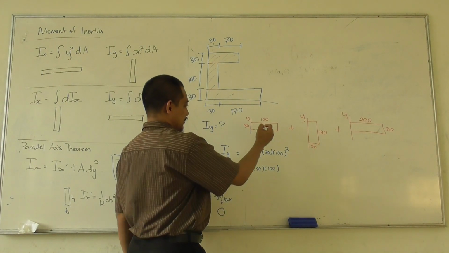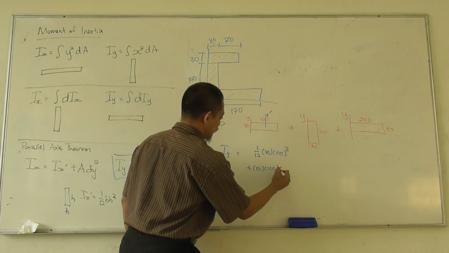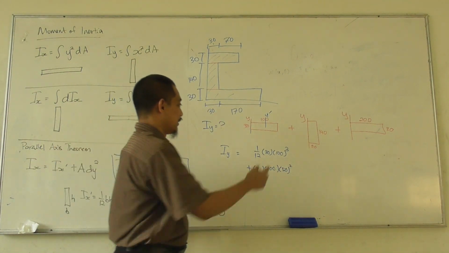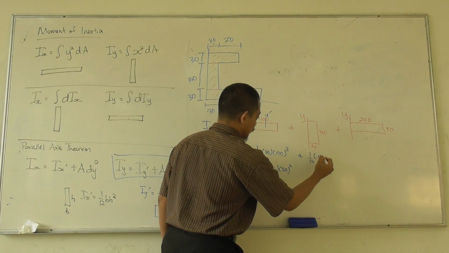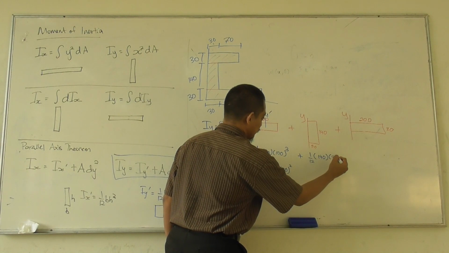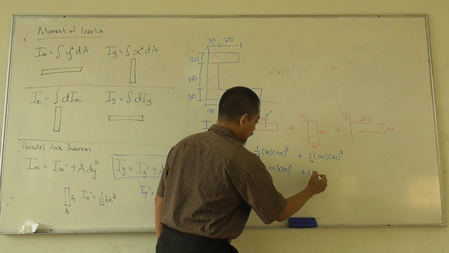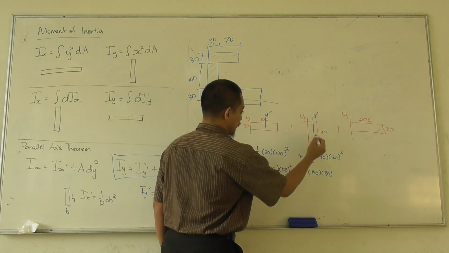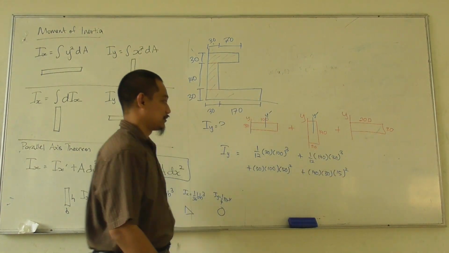And in this case y prime is at the middle here, which means half, which means 50 squared. And then plus 1 over 12 times 140 times 30 cubed plus 140 times 30, and then y prime is here, which is half of that, which is 15 squared.